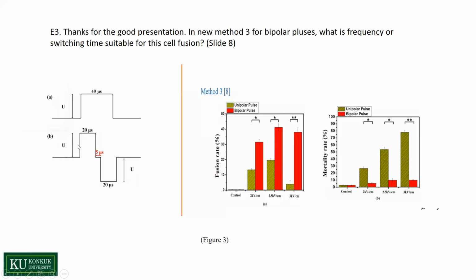With this bipolar pulse duration, we can easily get similar results: a high fusion rate compared to the unipolar pulse and a lower mortality rate compared to the unipolar pulse.